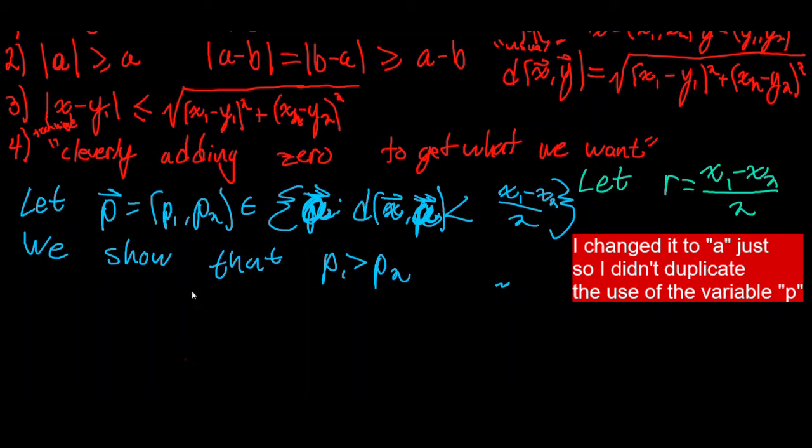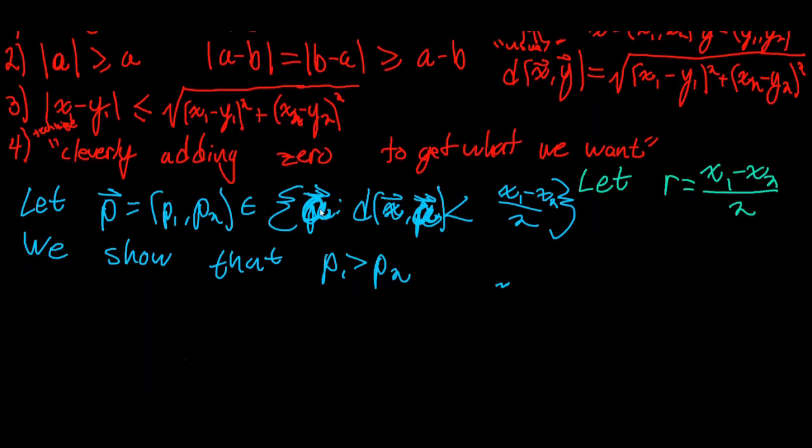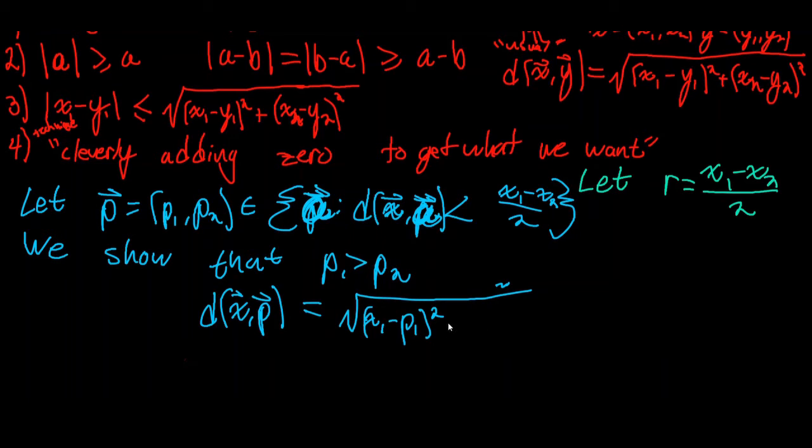So now, if P is in that open ball, then of course it is a point A such that the distance between X and that point must be less than the radius. So we know for sure that the distance between X and P, which remember is defined by this distance metric, the square root of x1 minus p1 squared plus x2 minus p2 squared, is going to be strictly less than the radius, which in this case is x1 minus x2 over 2.